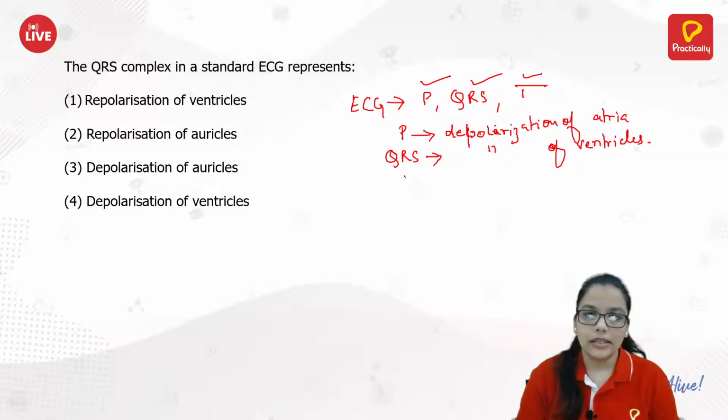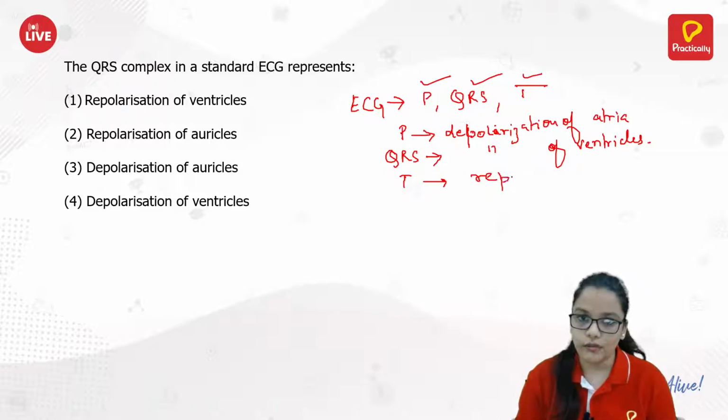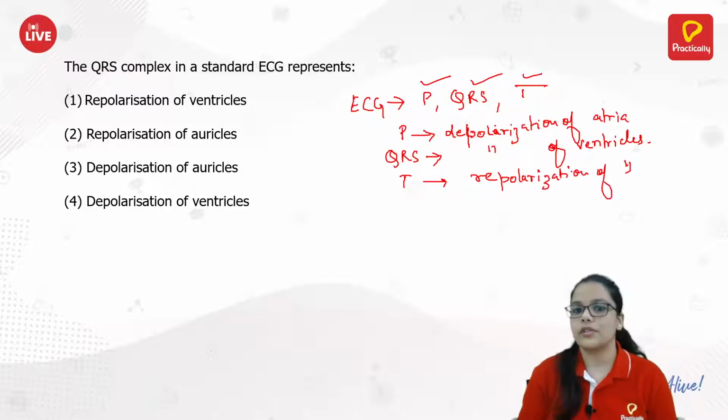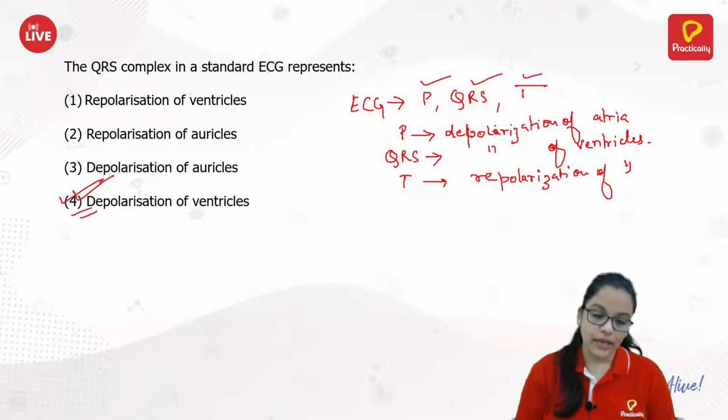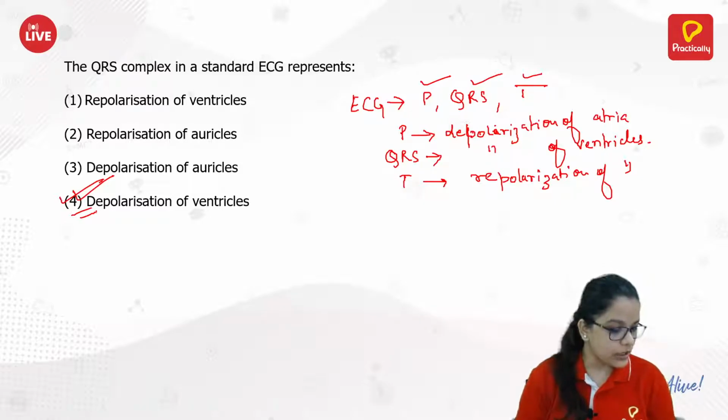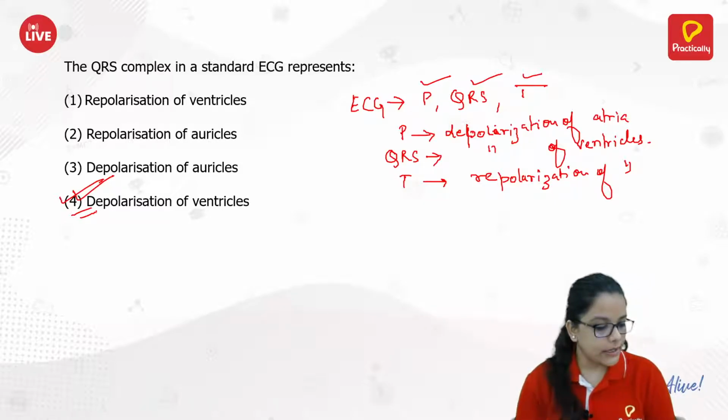T is repolarization, or reactivation, of ventricles. Okay, so QRS is depolarization of ventricles, which is option 4. Okay, I hope you understood it, and if you have any doubts, please let me know in the chat box.